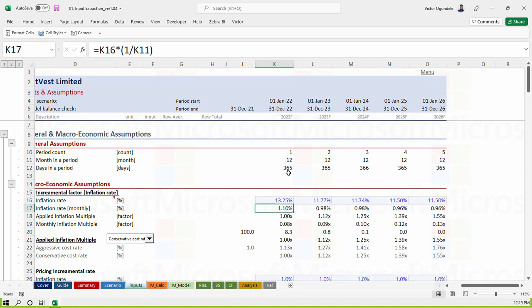Do you think that will make sense for us to use? So instead of dividing this 13.25 on a monthly basis, look at the effect of what I'm saying. We have 100 here, and by the time we multiply it by this multiple, look at what it is converting it into.